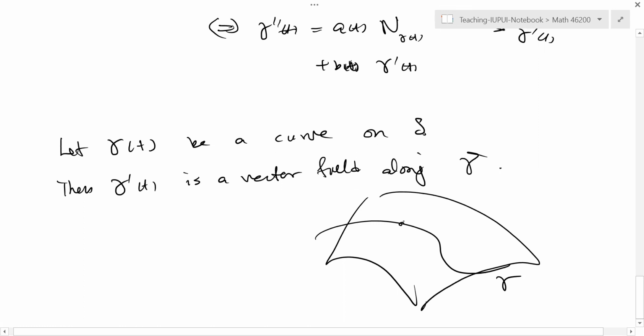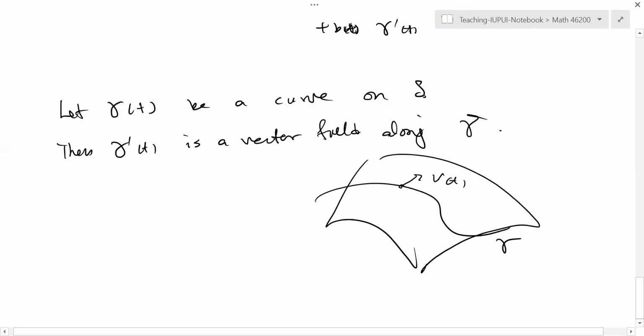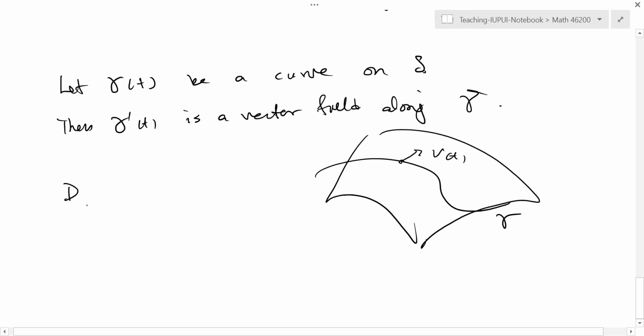And if you have a general vector field, how do we define its covariant derivative? The covariant derivative is defined to be, that's our notation. So covariant derivative, let me check whether this is required. It's just a curve, okay? It's not necessarily unit speed.